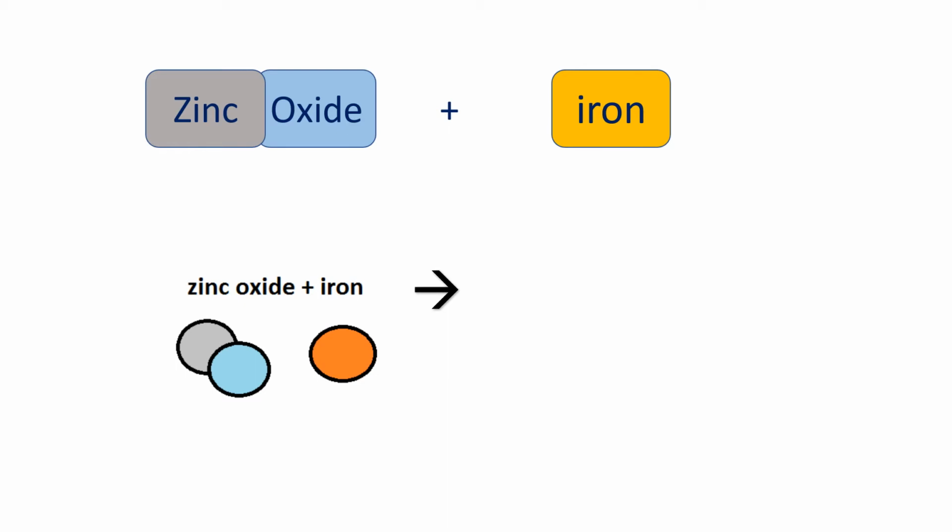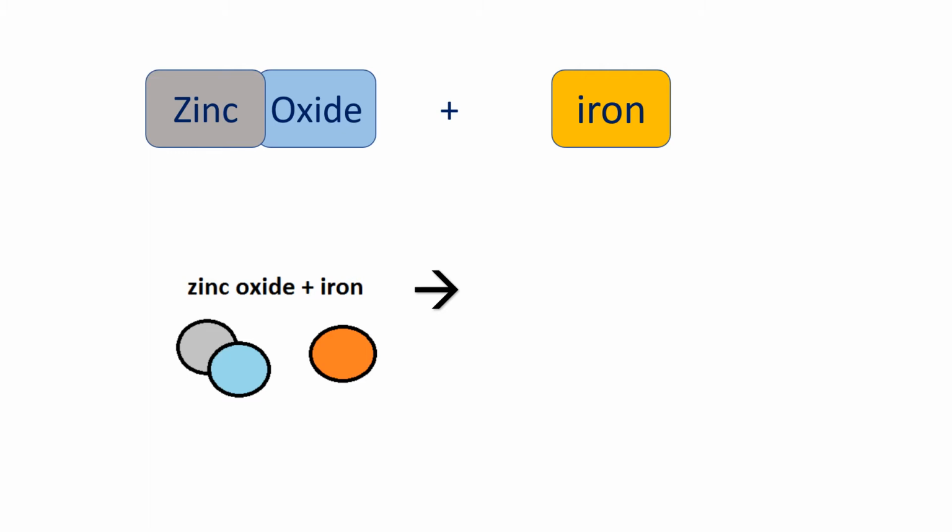What if we flipped this equation round? So zinc, the more reactive metal, is already part of the compound. It's already got the oxygen. And then we introduce iron, a slightly less reactive metal. What's going to happen in this reaction? Well, absolutely nothing. Iron is not able to displace the more reactive zinc.